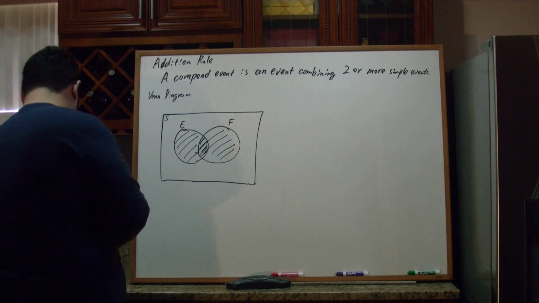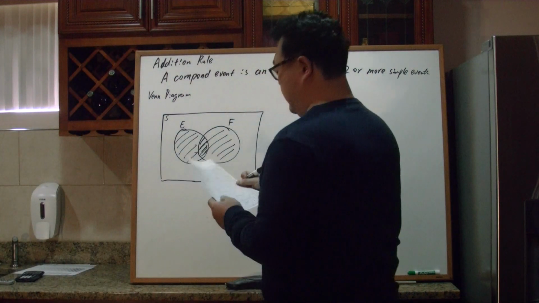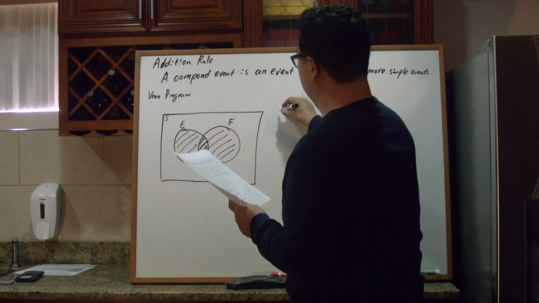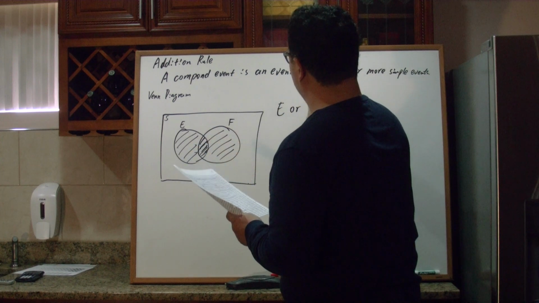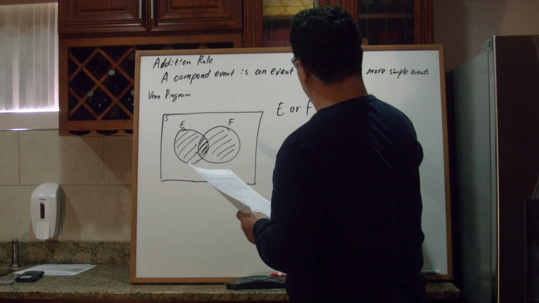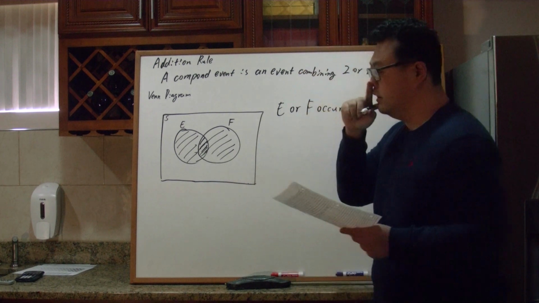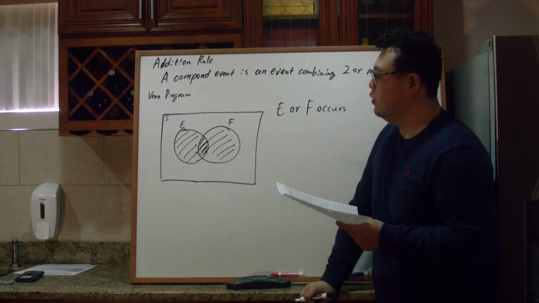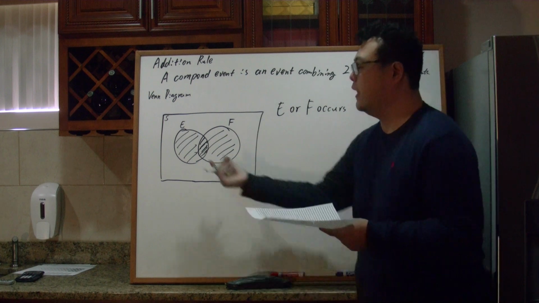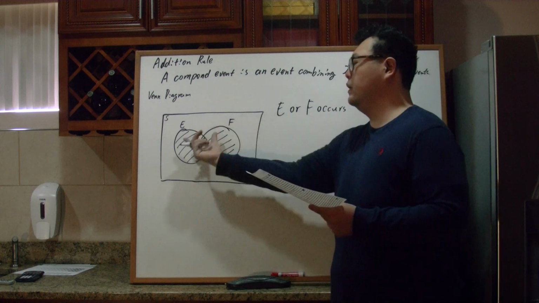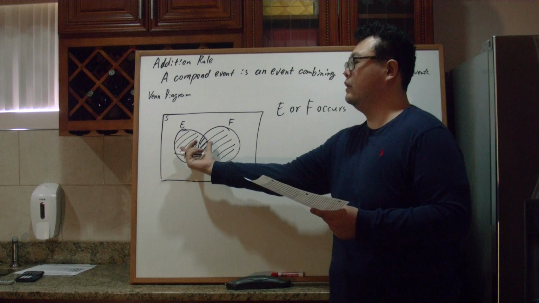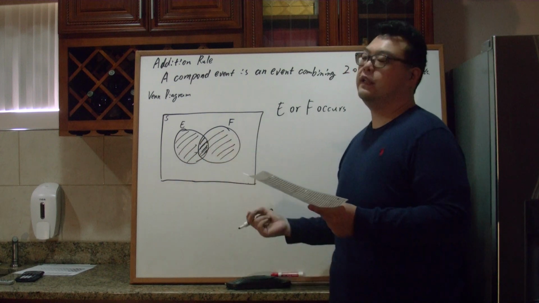And for the big piece here, the two circles together, that's E or F occurs. It's not usually the exclusive or, it's all together. The or means event E or event F occurs.